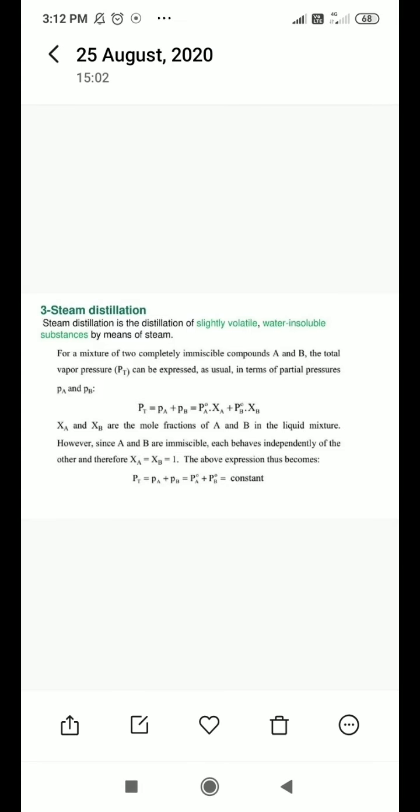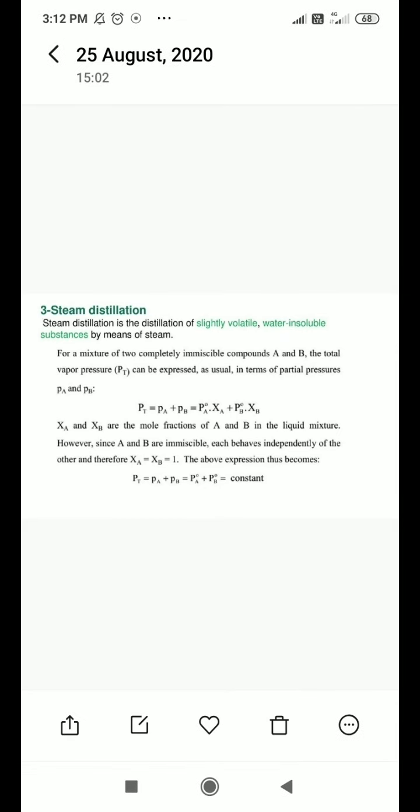What Dalton says is that total vapor pressure is the sum of the component vapor pressures. Both compounds are immiscible, so they behave separately because their chemical nature is different, but in total vapor pressure each vapor pressure is considered. The sum of both compounds' vapor pressures is the total vapor pressure.